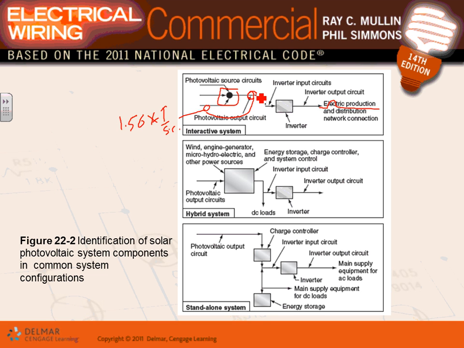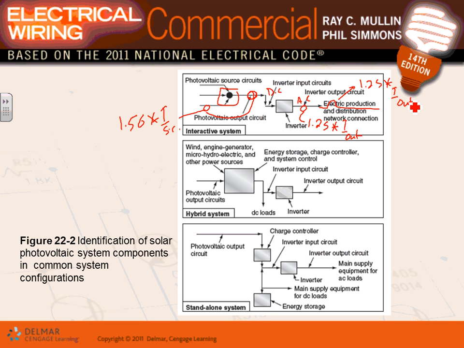The output conductor, photovoltaic output circuit, based on 1.56. You go to the inverter here. Now here's my inverter. Now you size it based on 1.25 multiplied by I output of the inverter. That's AC. This is my DC side, right? The overcurrent protection device, the same thing, 1.25 times I output of the inverter.